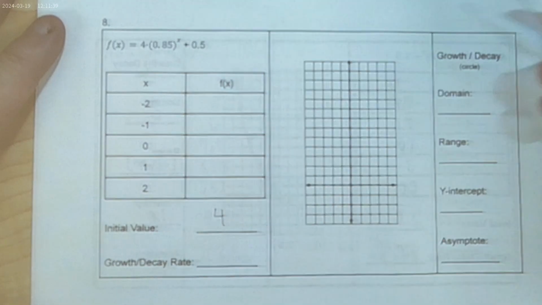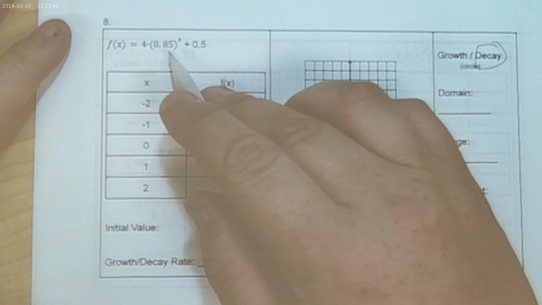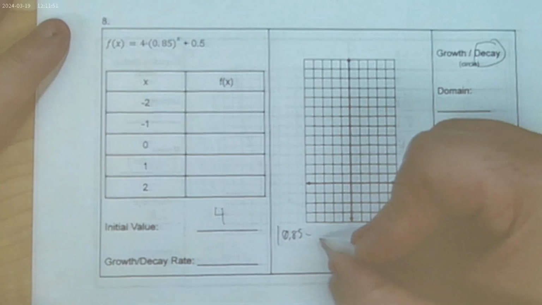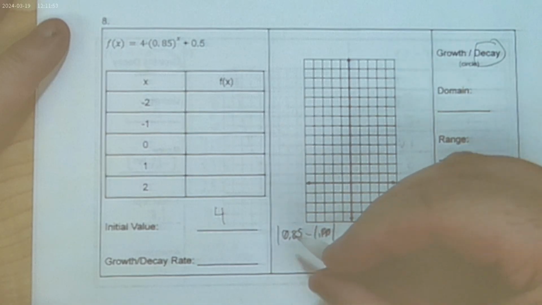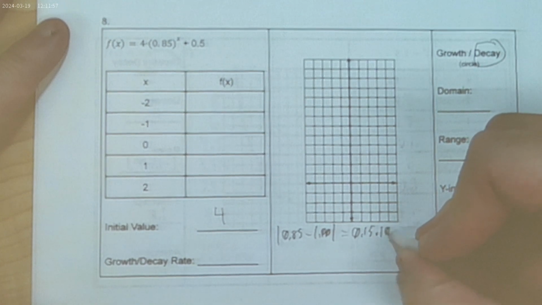So I know it's going to be decay because it's less than 1. But I also know that it's going to be a 15% decay rate, because 0.85 minus 1.00, take the absolute value of that, equals 0.15 times 100%, and that gives me 15%.